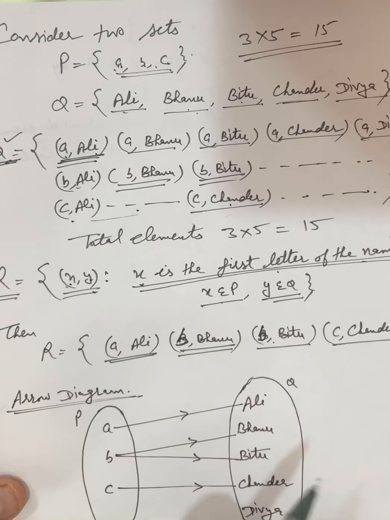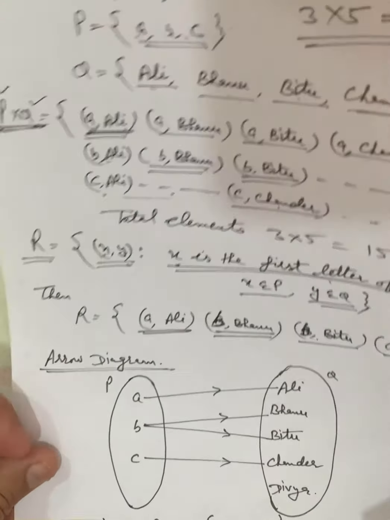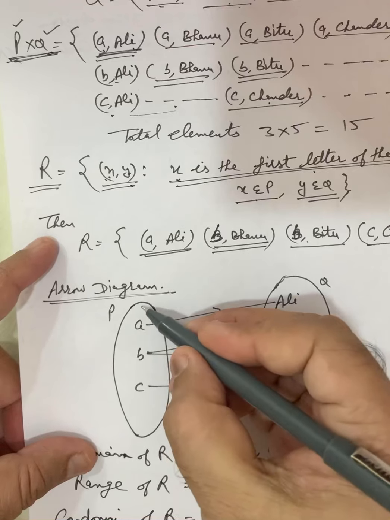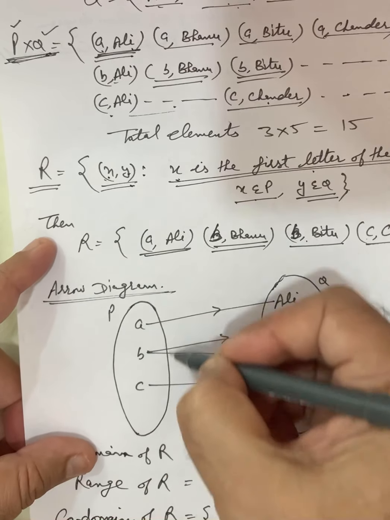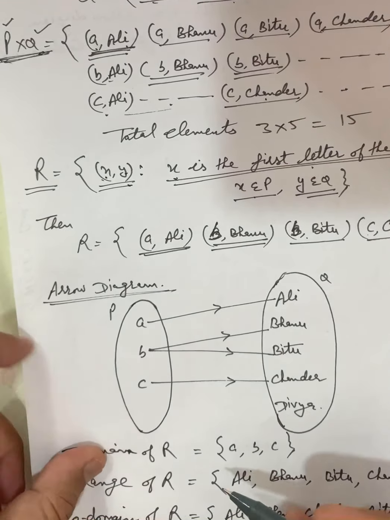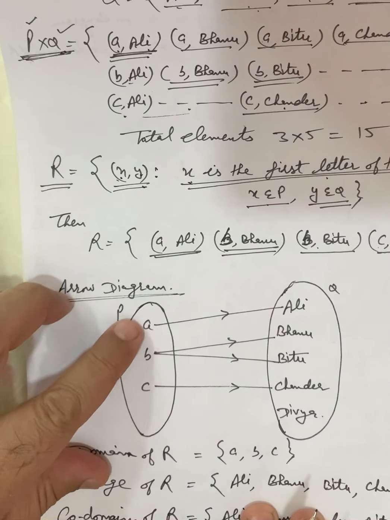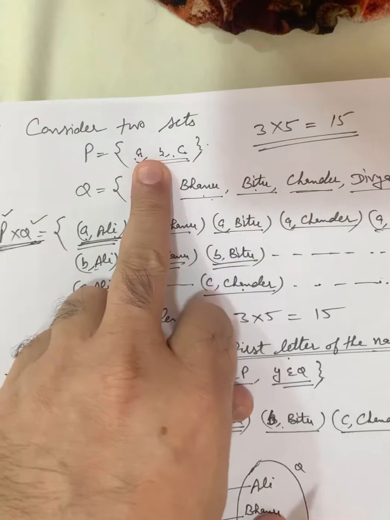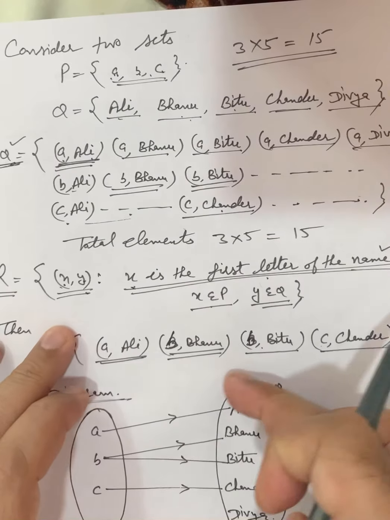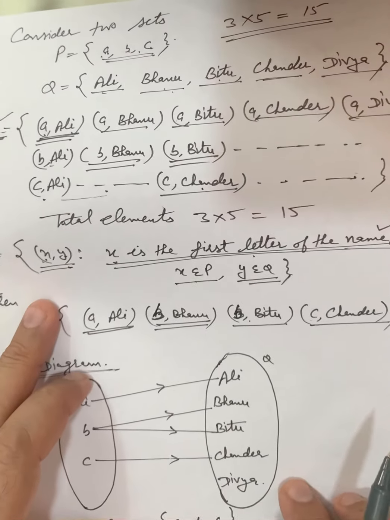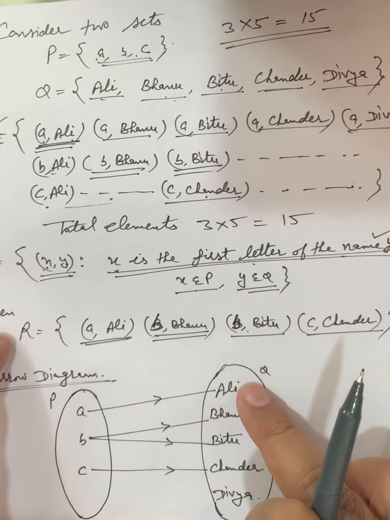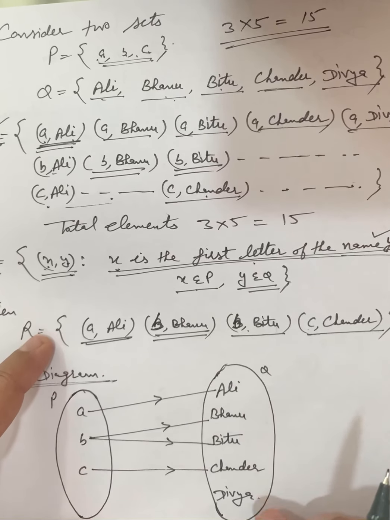Now what will be the arrow diagram? Arrow diagram of this relation, we make a circle like this, a closed curve. We write the elements A, B, C of the set P, and in the second closed curve we write all the elements of the set Q. 5 names: Ali, Bhanu, Bittu, Chandar, Divya.